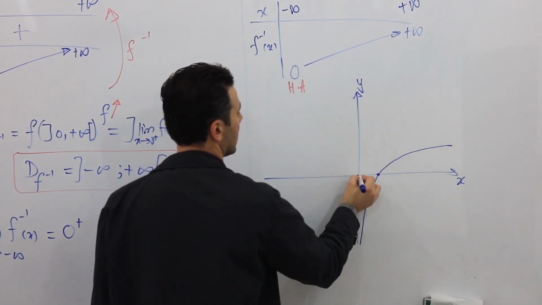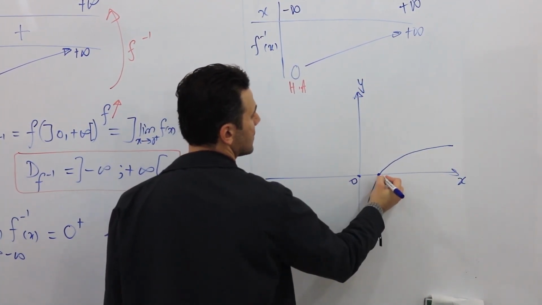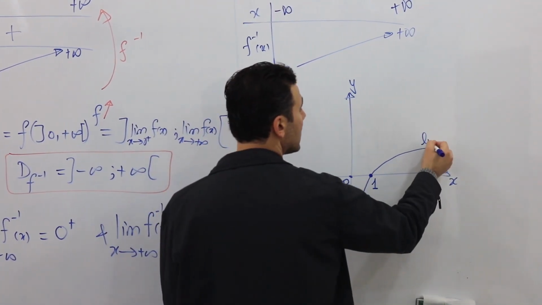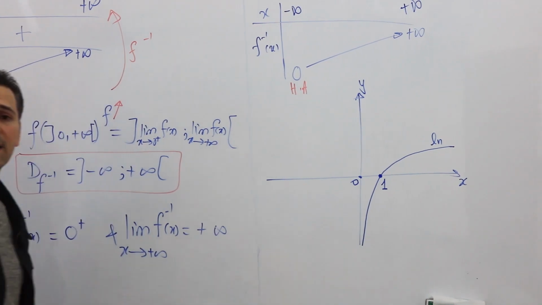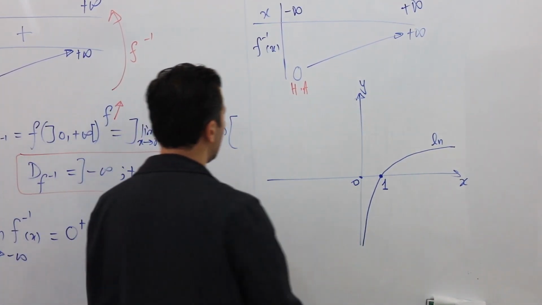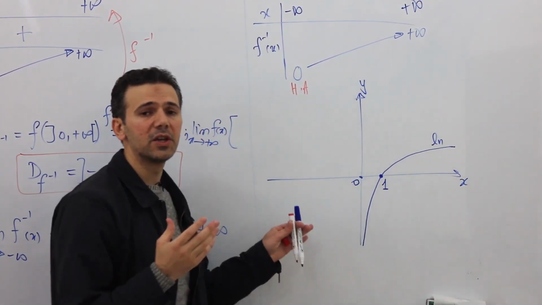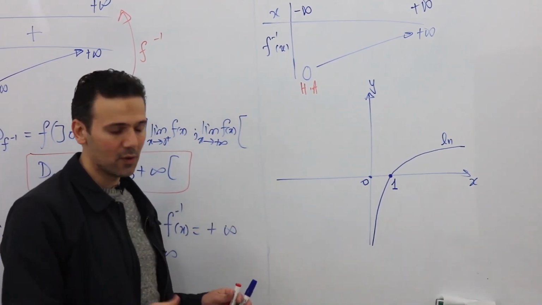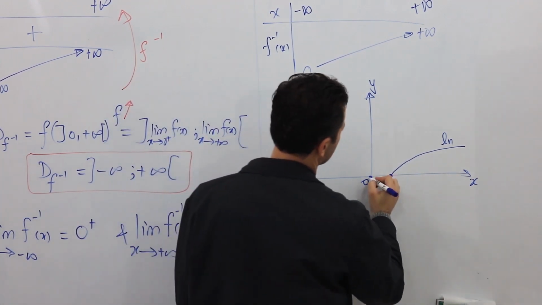This is the x-axis, this is the y-axis. And as you know, the ln function cuts the x-axis at x equal 1. As we said before, the curves of f and f inverse are symmetric with respect to y equal x, which is the first bisector.